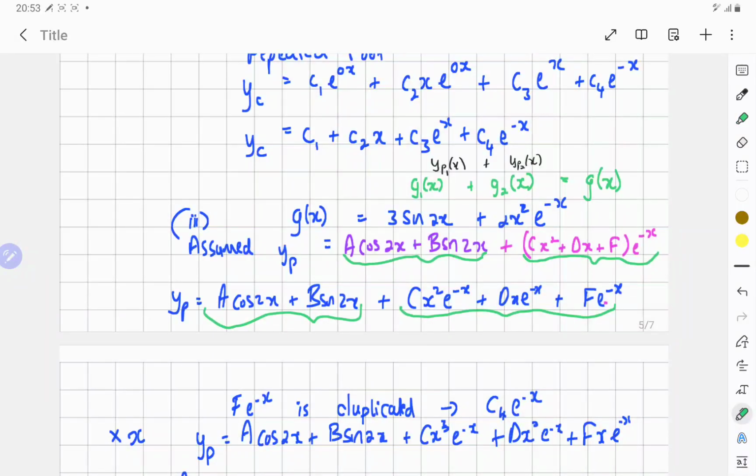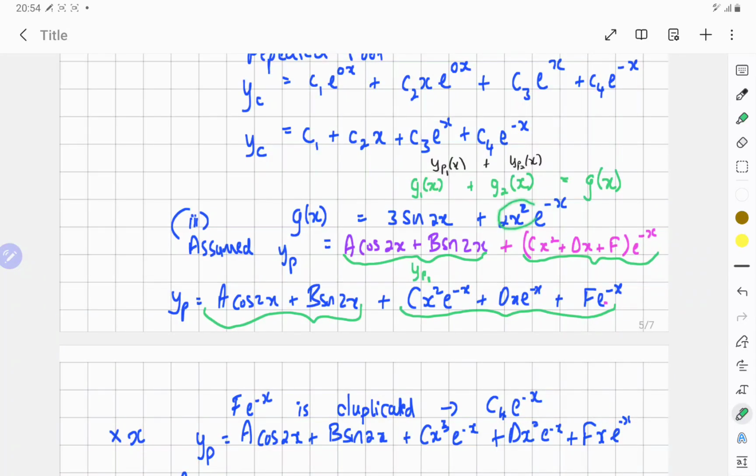And that's why I did use the brackets there, because I want you to understand this is yp1. Now let's look at our next form, 2x squared e to the negative x. Now recall what I said earlier, this is a trinomial, but even though we just have that form, you need to put the corresponding yp as your full trinomial, cx squared plus dx plus f.